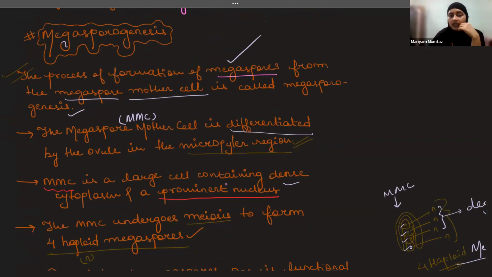Now, the megaspore mother cell is differentiated by the ovule in the micropylar region. In the micropylar region, the ovule differentiates, means it divides and forms the megaspore mother cell.